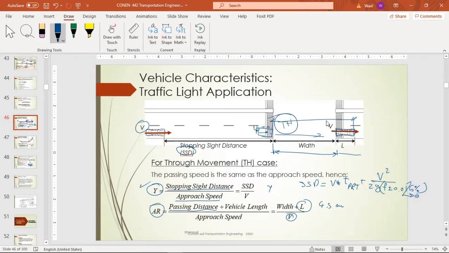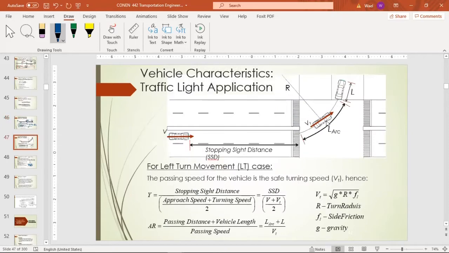For turning movements, specifically for a vehicle making a left turn, the situation is a little bit different. The yellow time is the same stopping sight distance, SSD, but it's divided by the approach speed plus the turning speed, divided by 2, which is basically the average speed. Why?